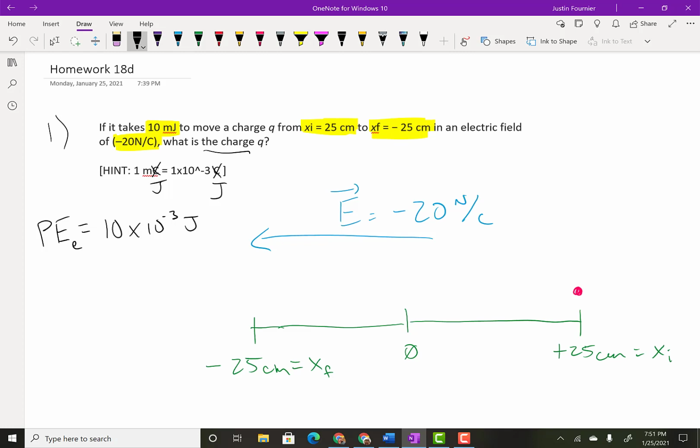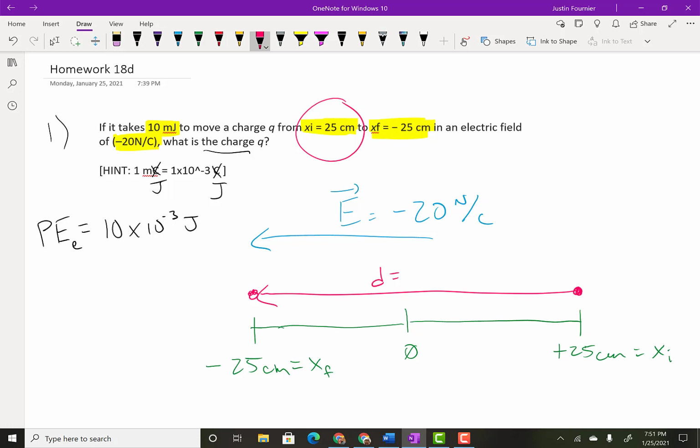So, in order to solve this, I know that the charge is moving this much. It's moving from here to here, so it's going this way. That is my distance that it travels, from the position of positive 25 centimeters to the position of negative 25 centimeters.